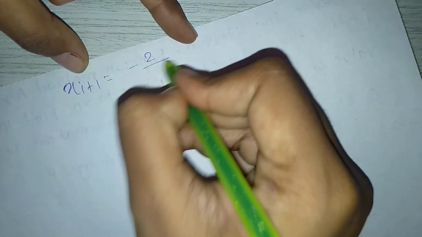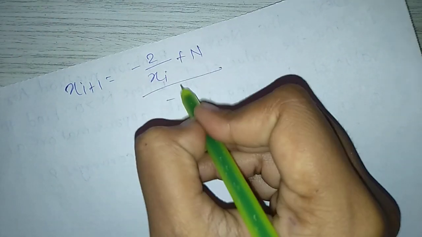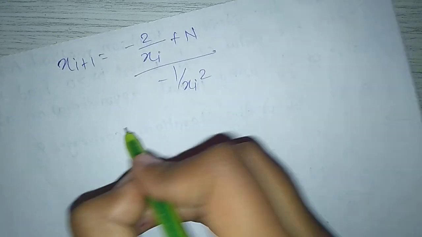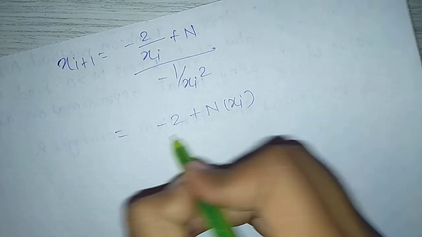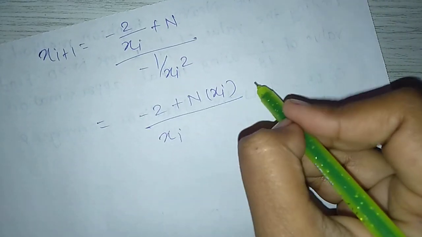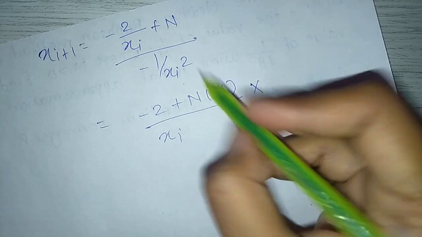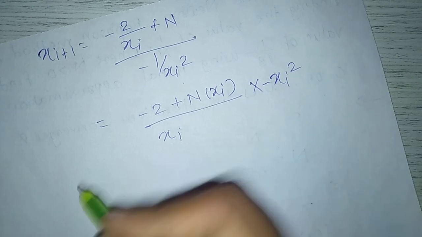So x(i+1) equal to minus 2 upon xi plus n upon minus 1 upon xi square, which equals minus 2 plus n into xi upon xi, into minus xi square.